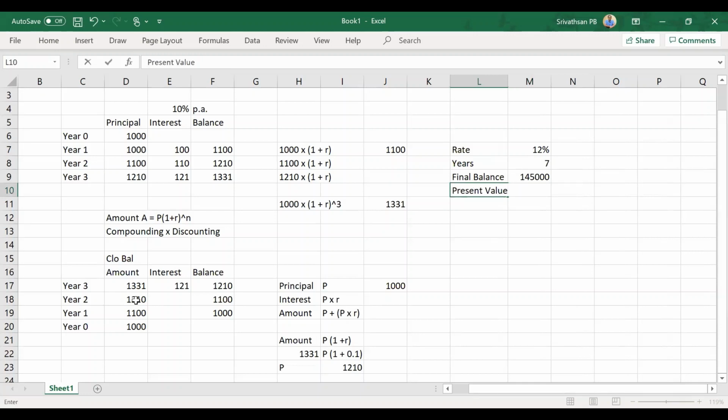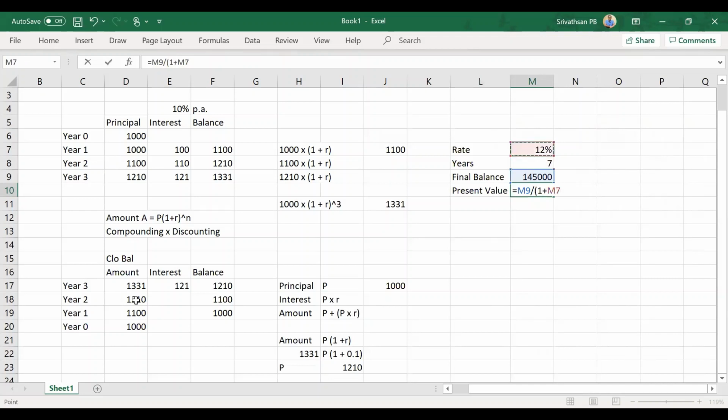Present value of that future balance: if the future amount is 1,45,000, today it is the whole thing divided by 1 plus rate of interest to the power number of years. So if you put 65,590.64 today at 12%, it becomes 1,45,000 at the end of 7 years.